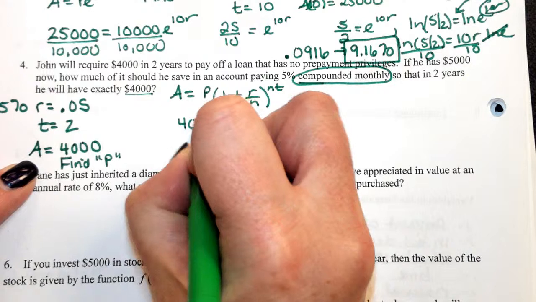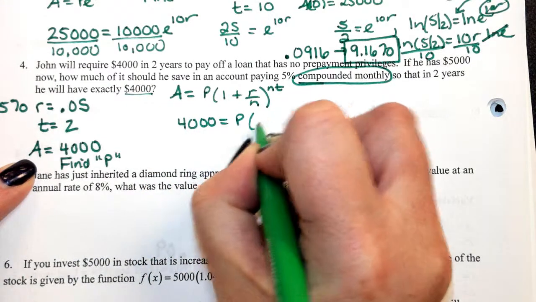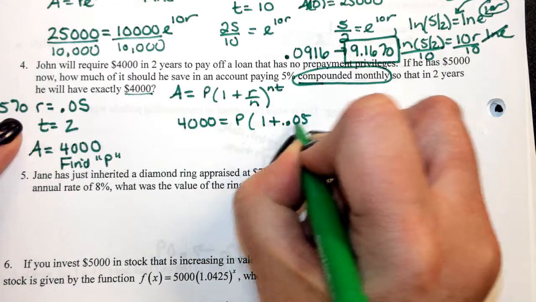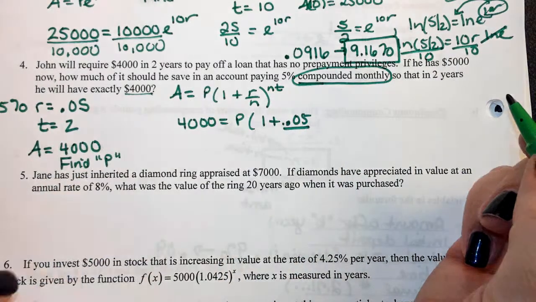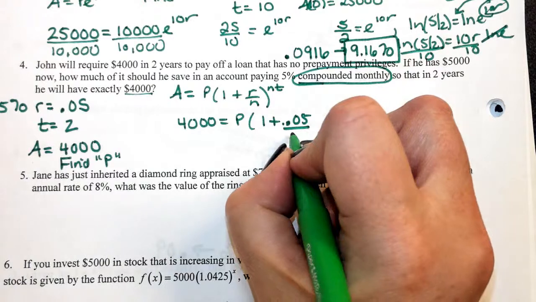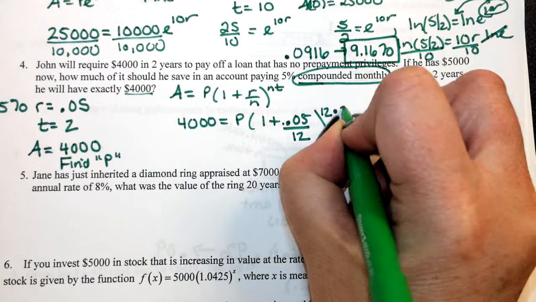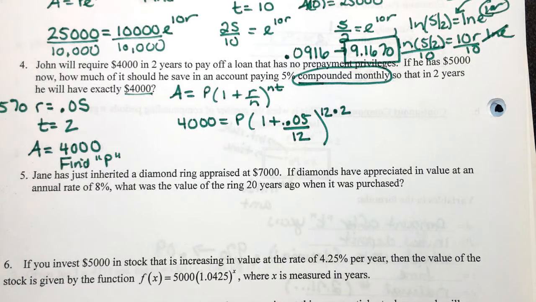So 4,000 is equal to P times 1 plus my interest rate, which is 0.05. Compounded monthly, so what's my N value going to be? N is equal to 12, raised to the 12 times 2. Now remember, P is being multiplied by this whole entire set of parentheses.